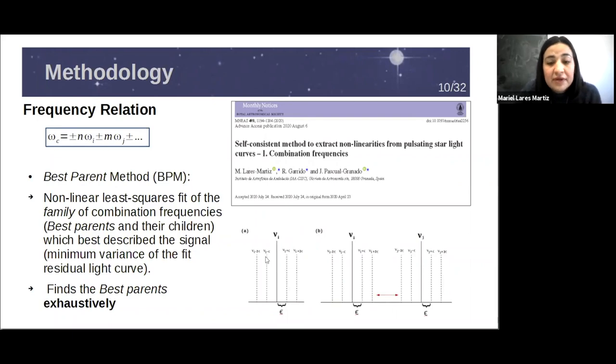So now we have, in this case, 5 families of parents and combination frequencies. We fit each of these families to the light curve, and from the residual light curve, we calculate the variance and keep the smallest variance value.